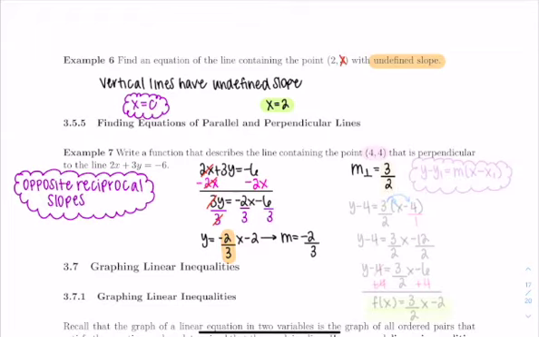I'm given a slope that I just found, and I'm given a point. That point was (4, 4). Since I have a point and a slope, I can put this into point-slope form, which as a reminder is y minus y1 equals m times x minus x1.